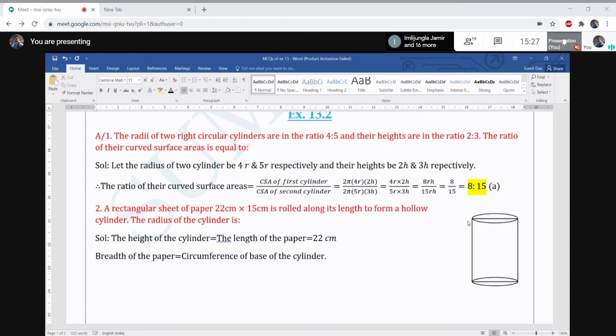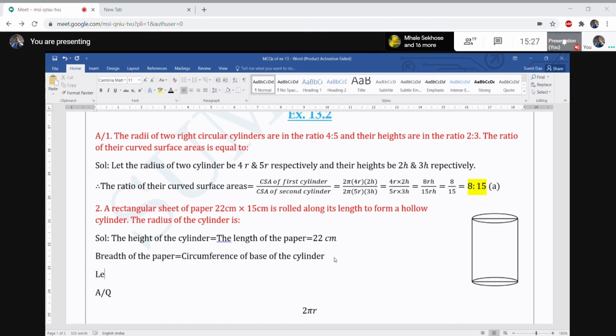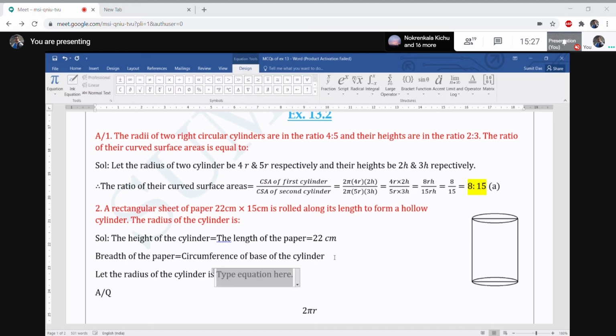Okay, so what is the circumference formula? Circumference of a circle is 2 pi r, right? So as per the question we can write 2 pi r. Before that, let the radius of the cylinder be r centimeter.